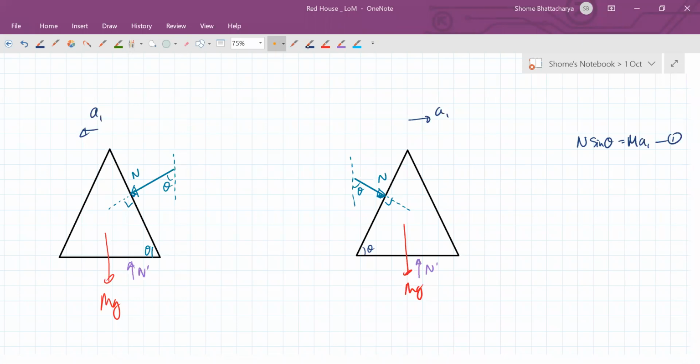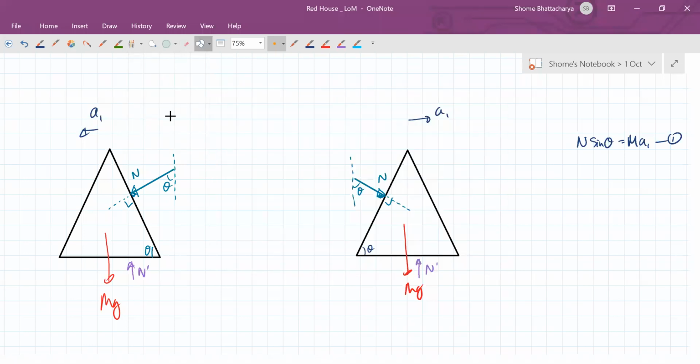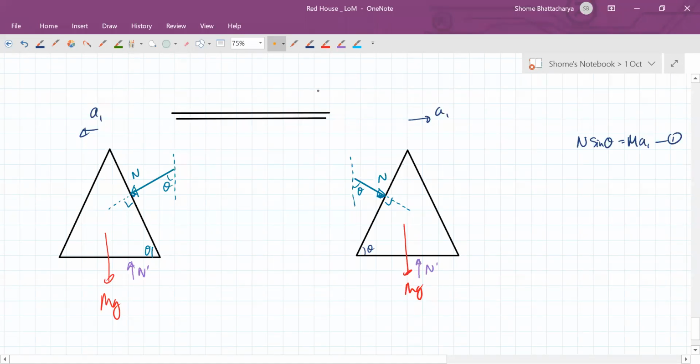Okay. Now on the rod, the forces which are acting on the rod will become like this: N and N, small mg downwards, and it's having some acceleration A2 downwards.